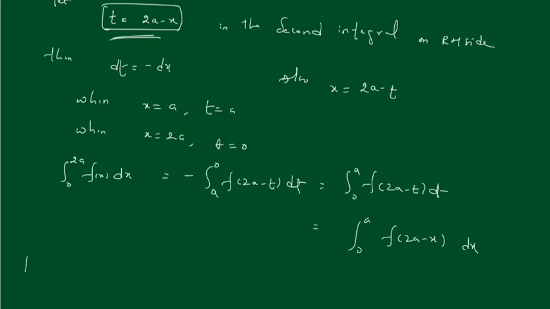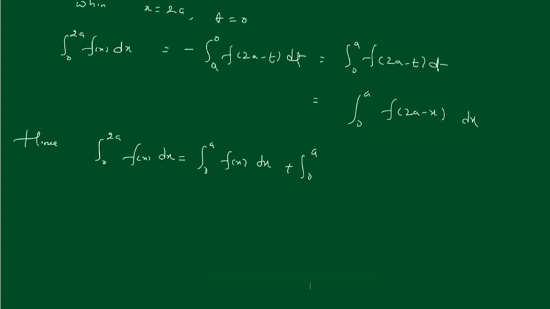So hence the integral from 0 to 2a of f of x dx equals the integral from 0 to a of f of x dx plus the integral from 0 to a of f of 2a minus x dx, which is nothing but our sixth property.